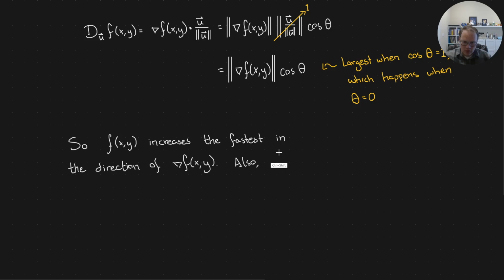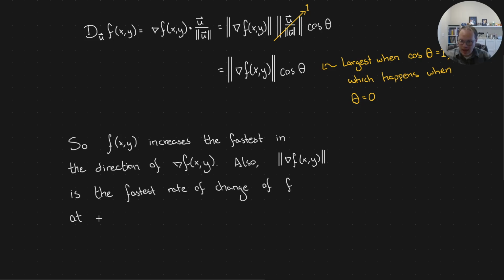So also, the norm of the gradient is the fastest rate of change of f at a point. It is how fast f is changing if you go in the direction of fastest increase. Okay?